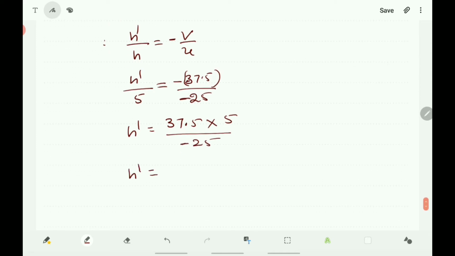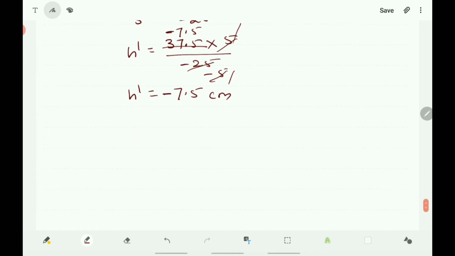H dash is equals to 5 ones are 5, that is minus 7.5. So h dash is equals to minus 7.5 centimeter. H dash is negative, which means it must be an inverted image, and the size of the image is 7.5 centimeter. So here it is a real and inverted image.